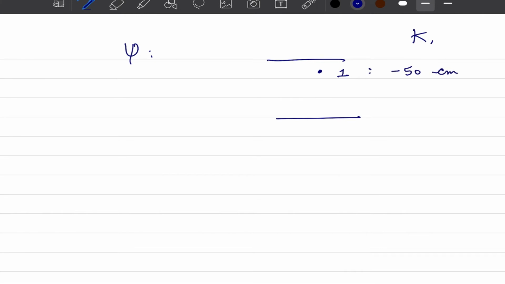We would always be expressing all pressures and all datums in terms of height, so this suction is represented in units of centimeter. If you go to soil mechanics, this suction is typically represented in units of pressure, which is kPa or MPa. But we will not worry about that because you can always go from one dimension to another by dividing or multiplying by the weight of water under consideration.